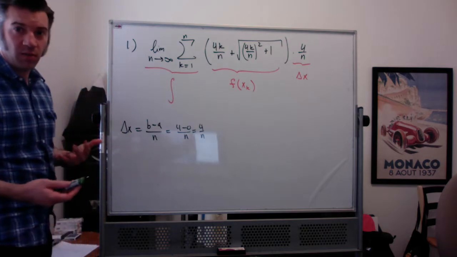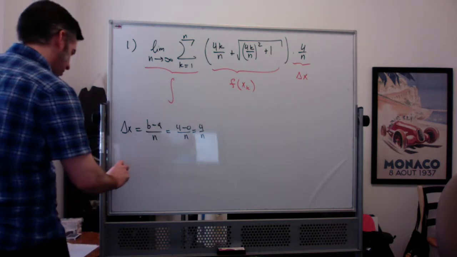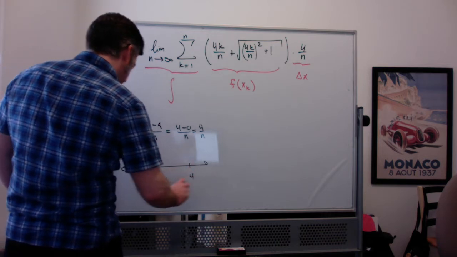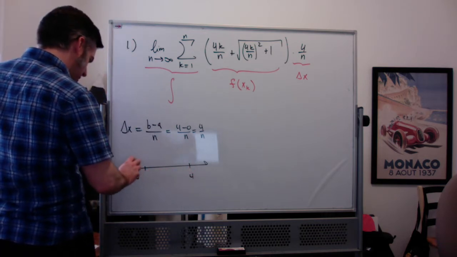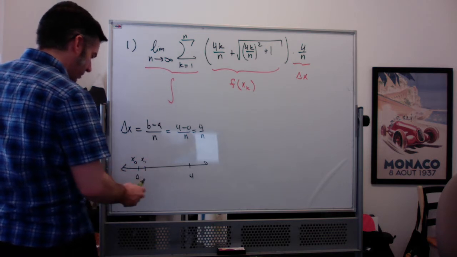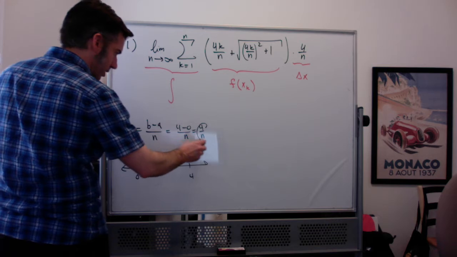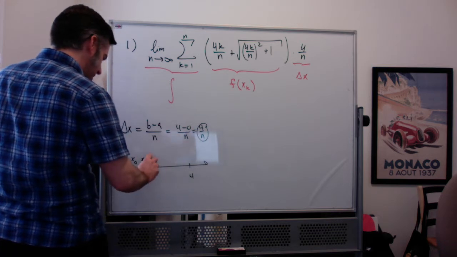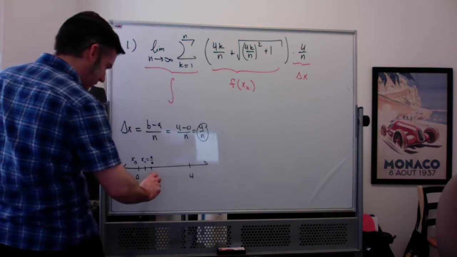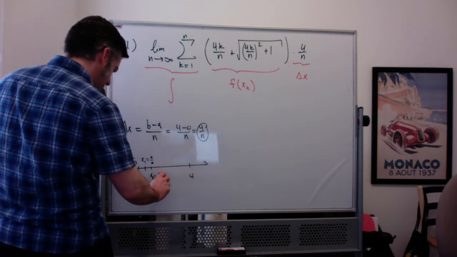And then if you recall, when we're doing this right endpoint thing, we take your integral from 0 to 4, and 0 is your x sub 0, and then the next one, x sub 1, is 0 plus your delta x. So x sub 1 is just 4 over n. And x sub 2 is another 4 over n, so it's 4 times 2 over n.